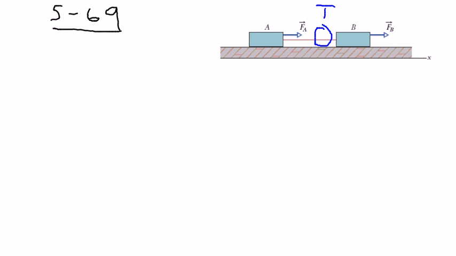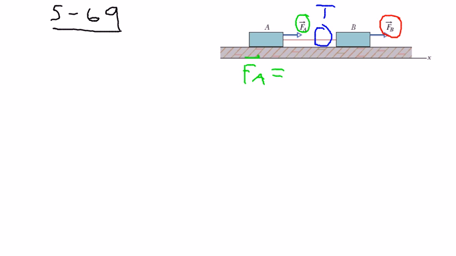So we're trying to determine the tension in that rope, and we're told about the forces Fa and Fb that are shown here acting on this other block. We're told that they both have i components only and no j components. What that means is that Fa is only in the x direction.